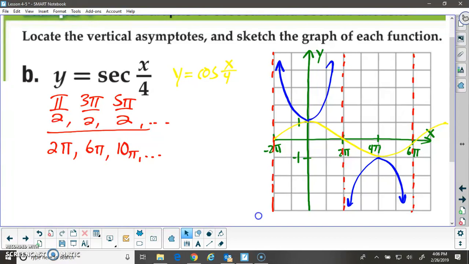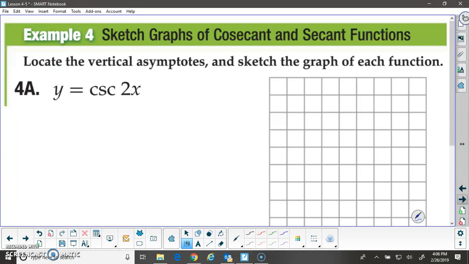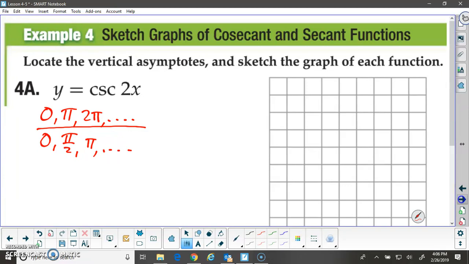Let's do 2 more. The next one I have is a cosecant of 2x. Normal asymptotes for a cosecant are at the pis, but we've got a horizontal shrink of 1/2, so I have to multiply each of these by 1/2, and you can see that the asymptotes are no longer going to be pi units apart, they're going to be half pi units apart.